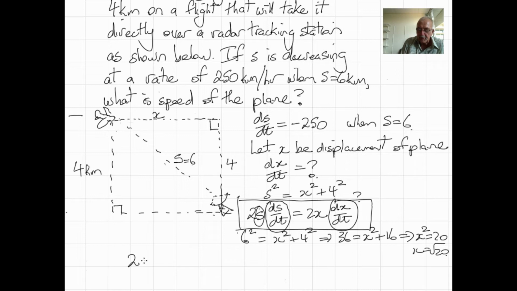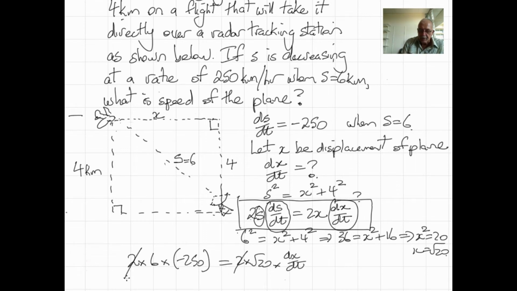We've got 2 times 6 times ds/dt, which is negative 250, equals 2 times root 20 times dx/dt, which is what we're trying to find.